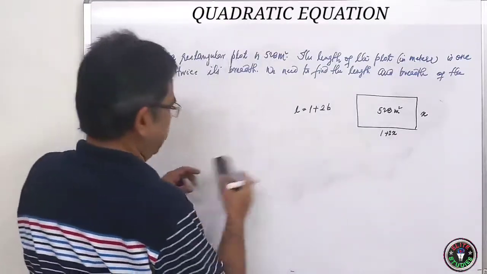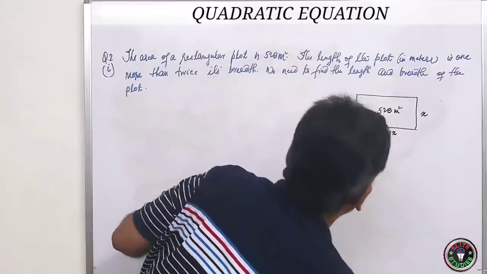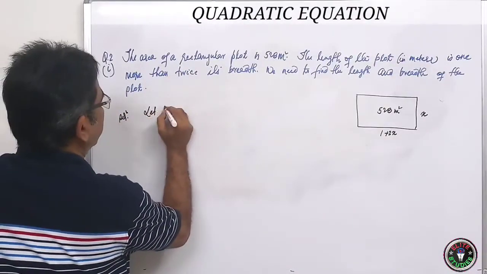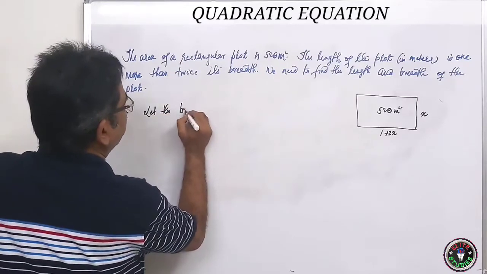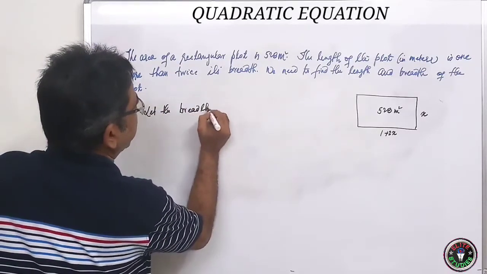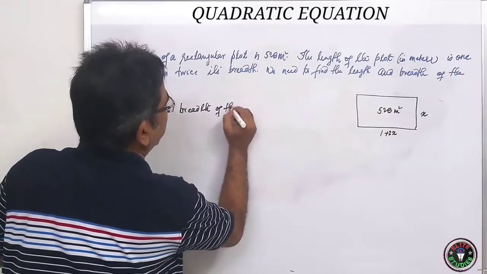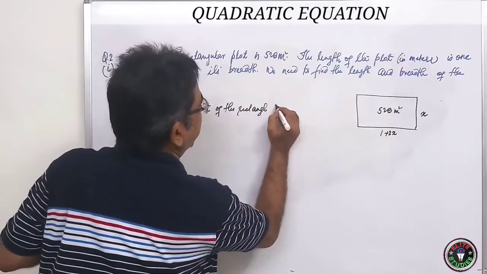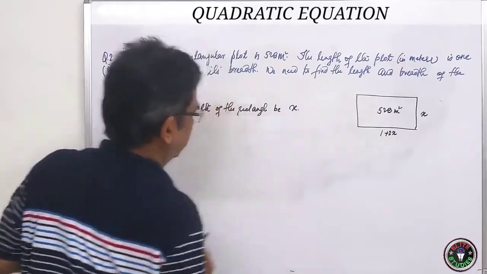So how to write it? You see how to write. Solution: let the breadth of the rectangle be x.